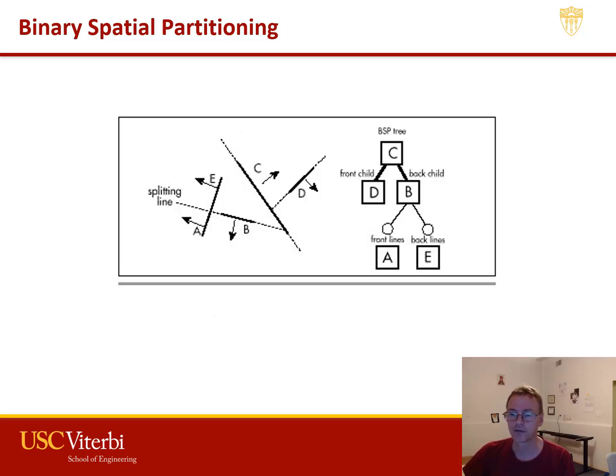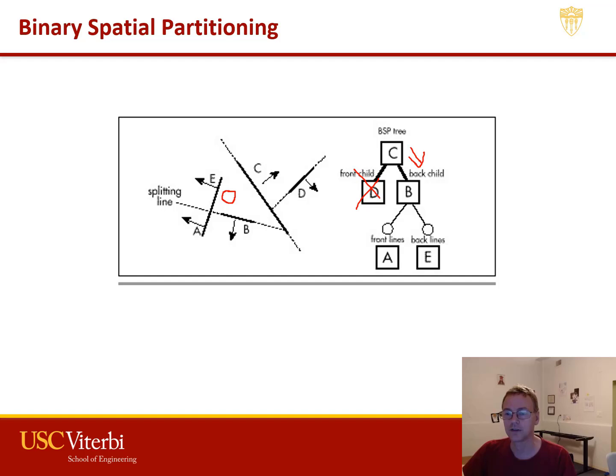So let's say, for example, we have an object. Let's draw a little object, say it's here. Okay, so what are we going to do? We start at the top of the tree, and ask, is this object in front of or behind C? It is behind C, so we're going this way.